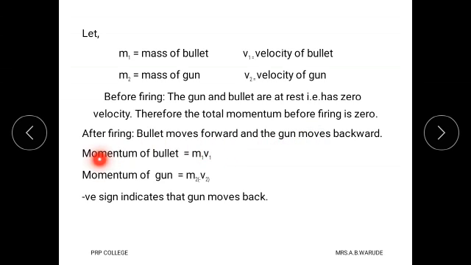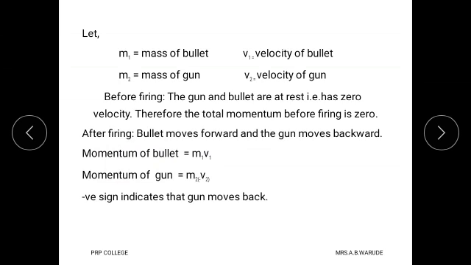Therefore, first we find the momentum of the bullet. We know the formula for momentum is mass into velocity, and therefore the momentum of the bullet is equal to the mass of the bullet into the velocity of the bullet. Therefore we get m1 into v1.